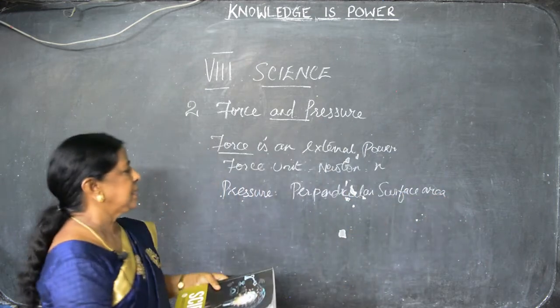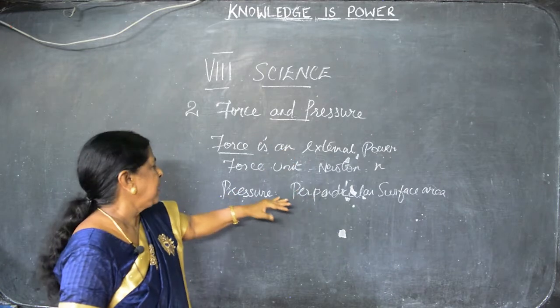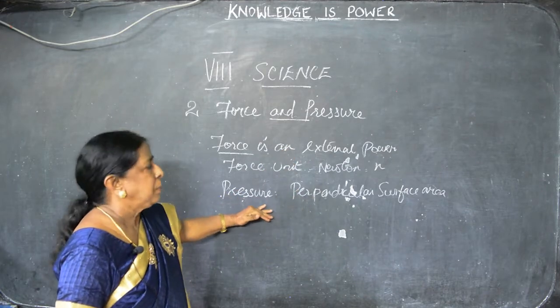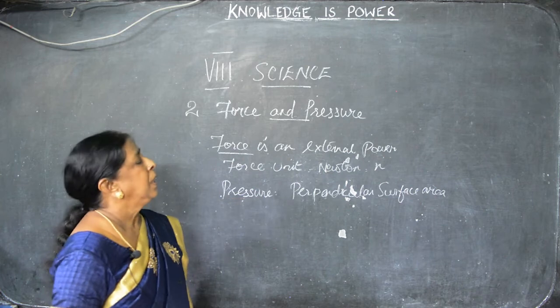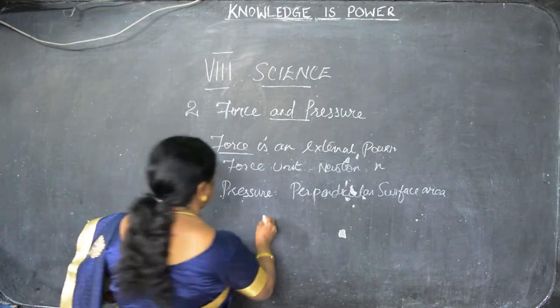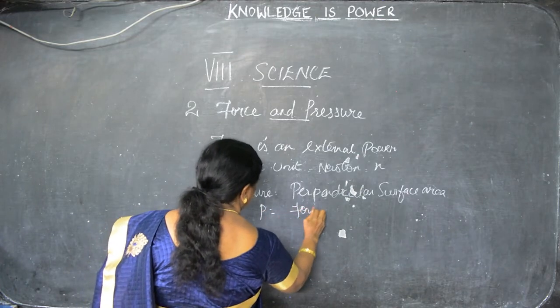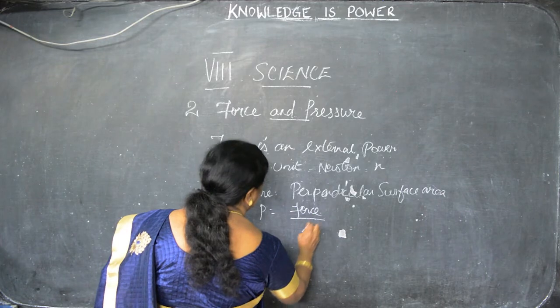Pressure is the force acting on a perpendicular surface area. Pressure is also measured in Newton. In short, we can find the pressure by using force by area.